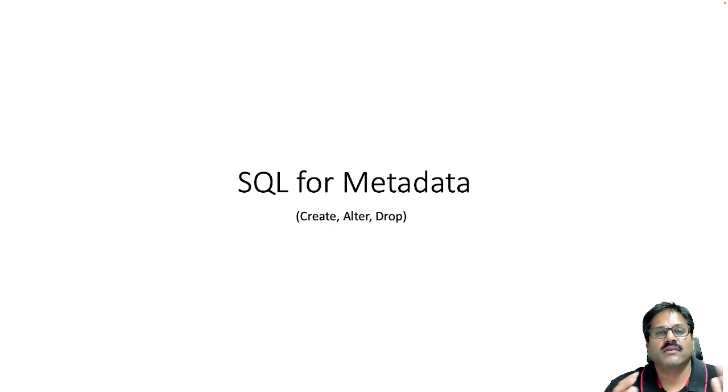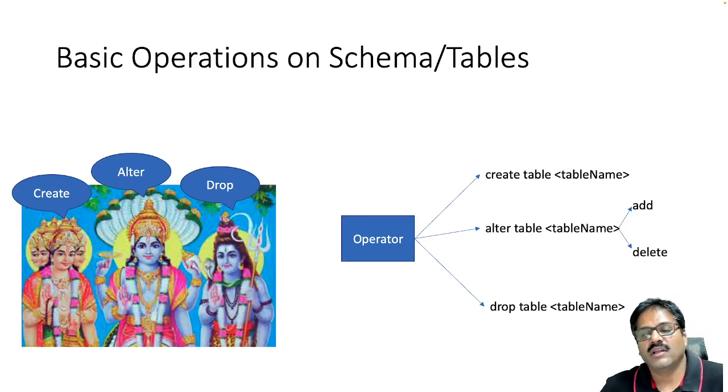Now we look at SQL for metadata and SQL for data, two different sections. When we talk about SQL for metadata, there are only three commands to handle metadata: create, alter and drop. These are the basic operations.